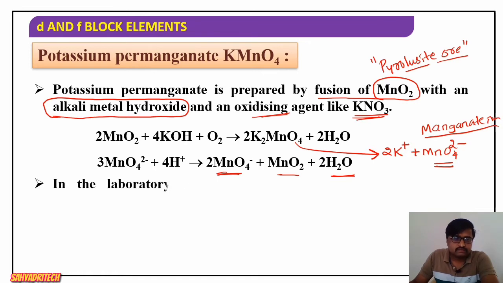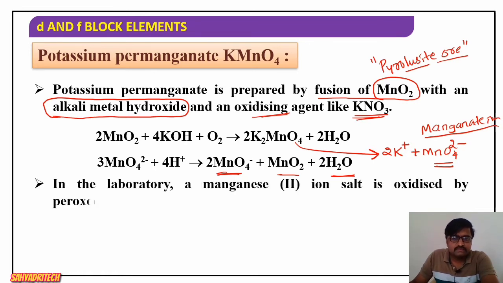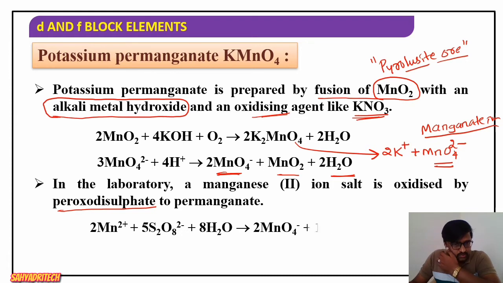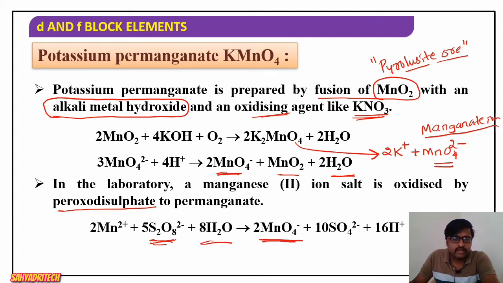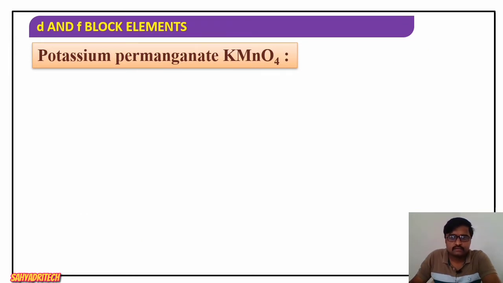Well, in the laboratory, the manganese 2 ion salt is oxidized by peroxodisulfate to permanganate. So 2 Mn2 plus, 5 S2O8 2 minus, plus 8H2O gives rise to 2 MnO4 minus plus 10 SO4 2 minus plus 16 H plus.